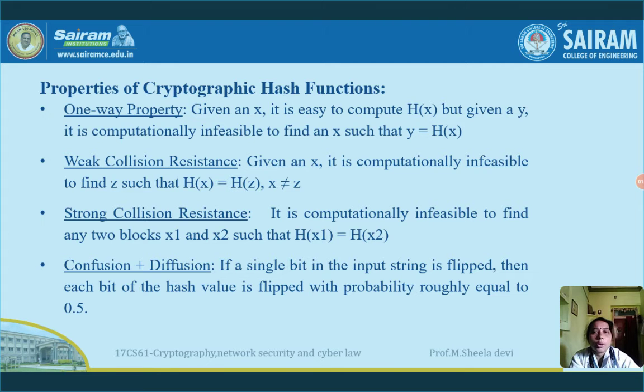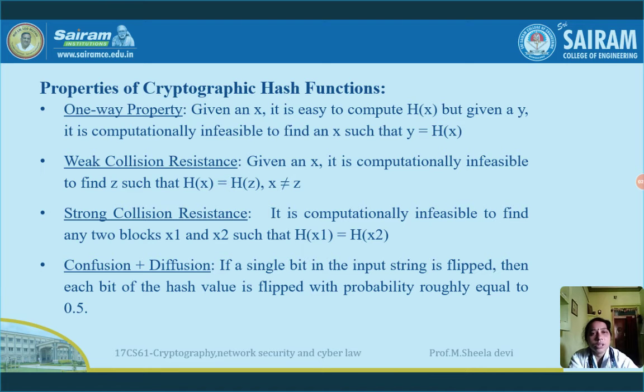We will see the properties of cryptographic hash functions now. The first one is the one-way property. What does this one-way property say? If I am finding the hash value of x, the message digest value is y. That is, h of x is equal to y. We can always apply hashing on x and get y.